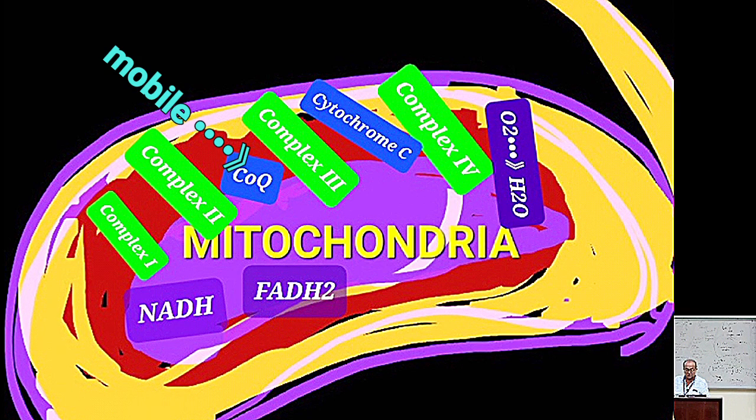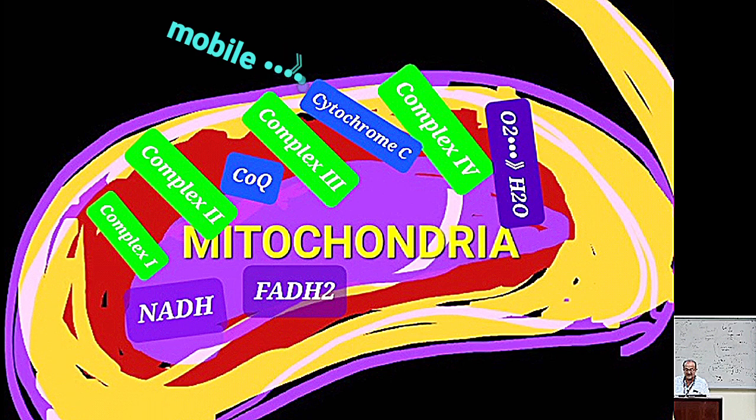Complex 3 now is going to oxidize, extract the electrons from coenzyme QH2, and itself will get reduced, complex 3, and it will actually donate these electrons to cytochrome C here. Cytochrome C is similar to coenzyme Q in that it is a mobile molecule, a mobile carrier.